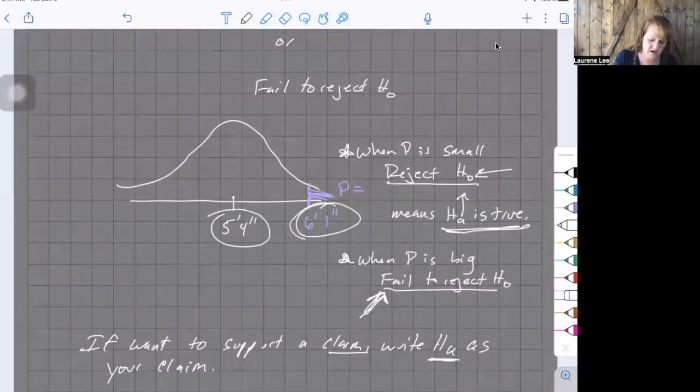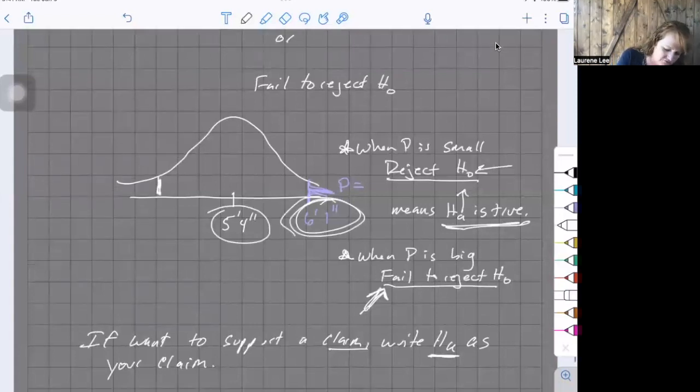I've been using this top as an example, like what if I get an extremely high sample at 6'1", but I could also come down here and say, what if I get an extremely low sample at 5 feet even? That's also an extreme and in the tail. And because my claim is an equality right down the middle, either tail is bad. Okay. But not all claims are that way.